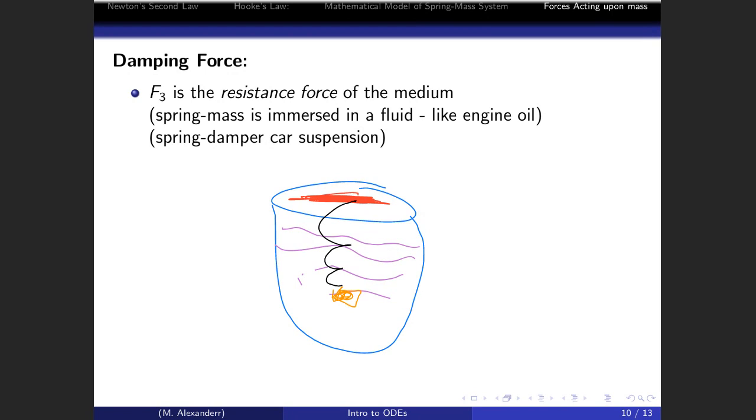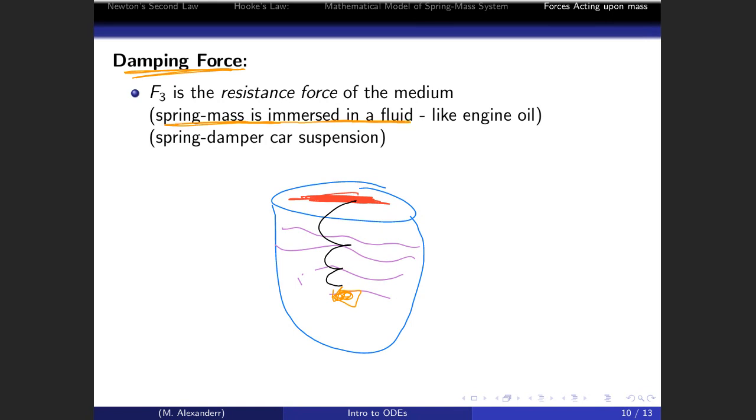Now you pull down on the gold block, and then you let it go, and you want to know how the spring mass oscillates or vibrates inside this beaker that is filled with some fluids. And so the fluid is going to be giving a force to the system, and that's what we call a damping force. So this is one type of system where the spring mass is immersed in a fluid.